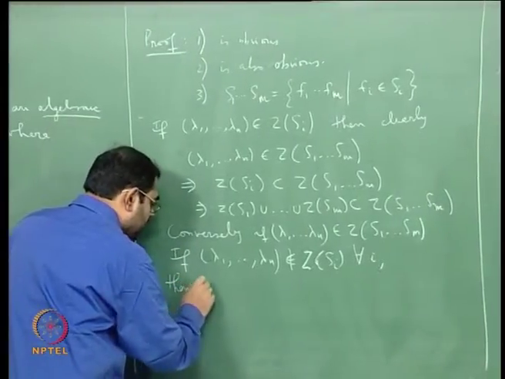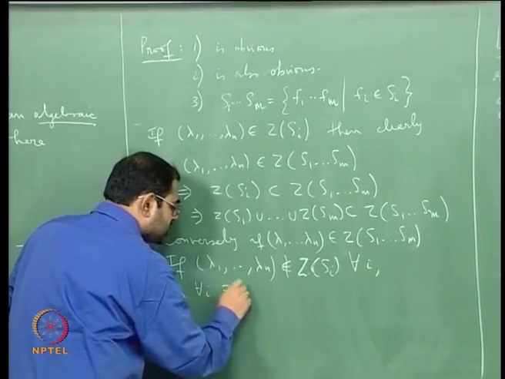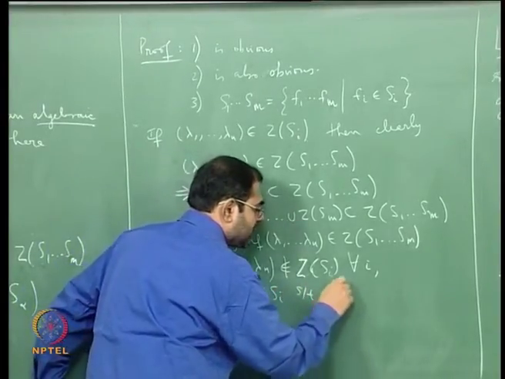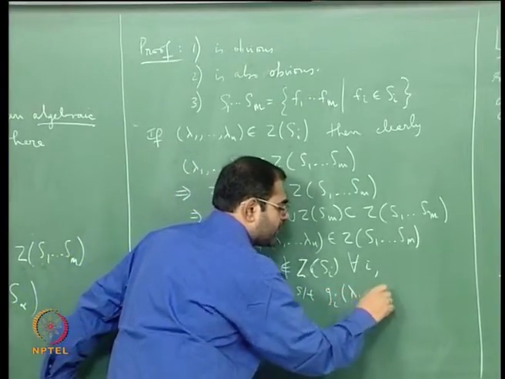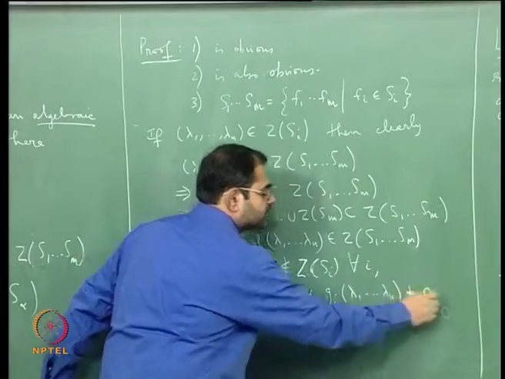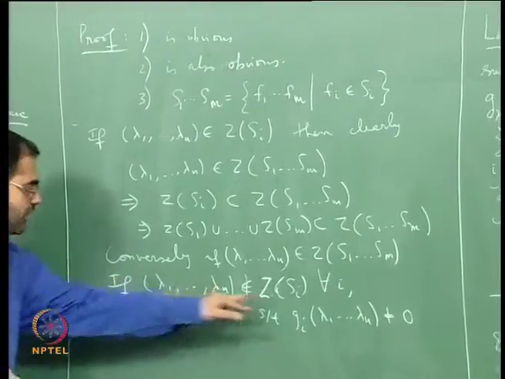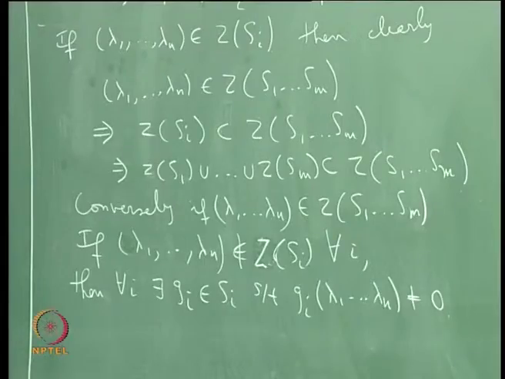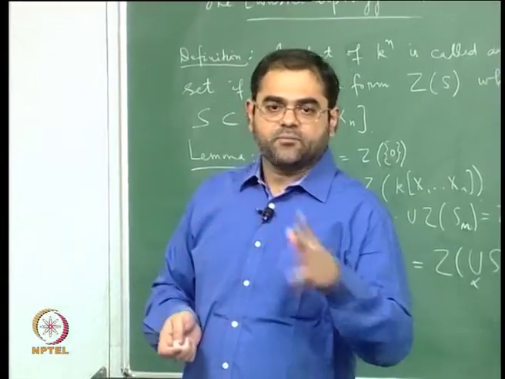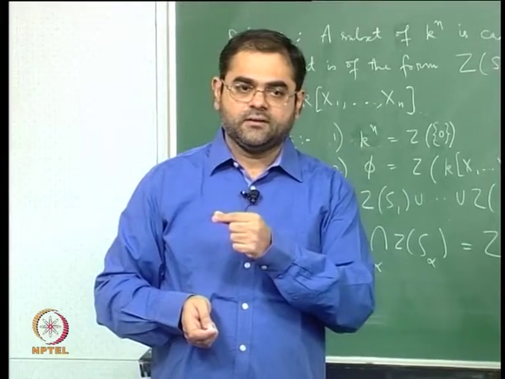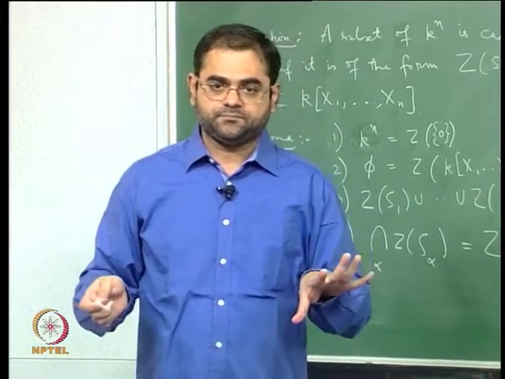It means that for every i there exists a gi in Si such that gi of lambda 1 etc lambda n is not 0. The fact that a point is not in the 0 locus of a set of polynomials means that there is at least one polynomial in that set for which this point is not a 0, that is, if you evaluate that polynomial at this point you do not get 0.